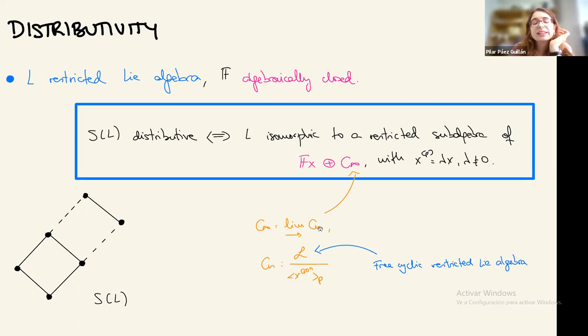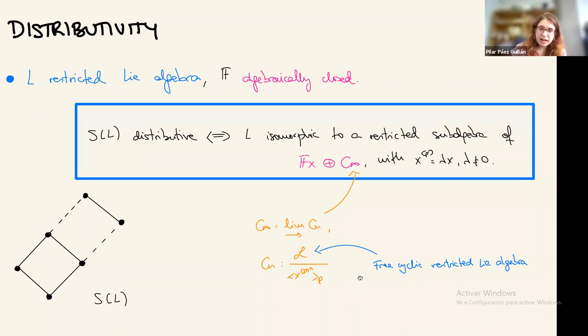This will be the direct limit of restricted Lie algebras Cn, which are the cyclic restricted Lie algebras generated by one nilpotent element, or in other words, the quotients of the free cyclic restricted Lie algebra by this subalgebra here, the one generated by a certain p power of the generator x.